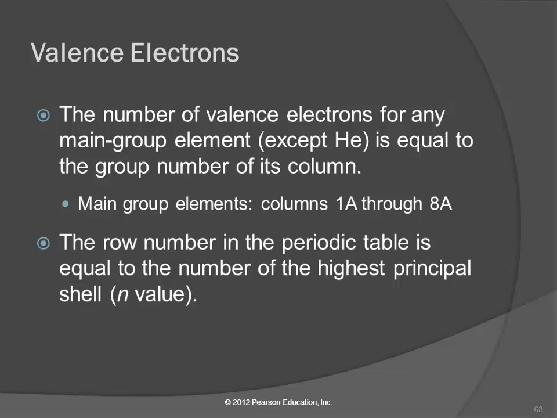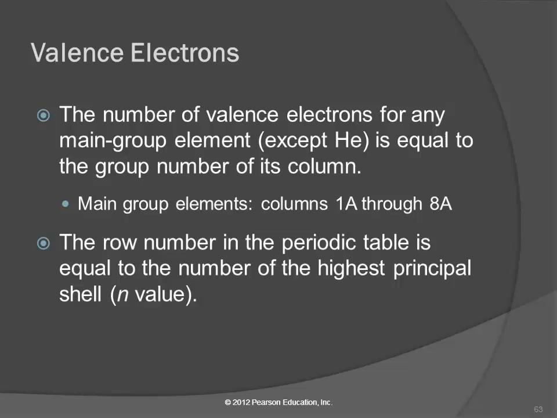So the number of valence electrons for any of the main group elements, except helium, is equal to the group number of its column. We mentioned that earlier. In case you've forgotten, the main group elements are groups 1A, 2A, 3A through 8A. Those sections that stick up are the main group elements. So we can look at sulfur and see it's in group 6A and say, oh, 6 valence electrons.